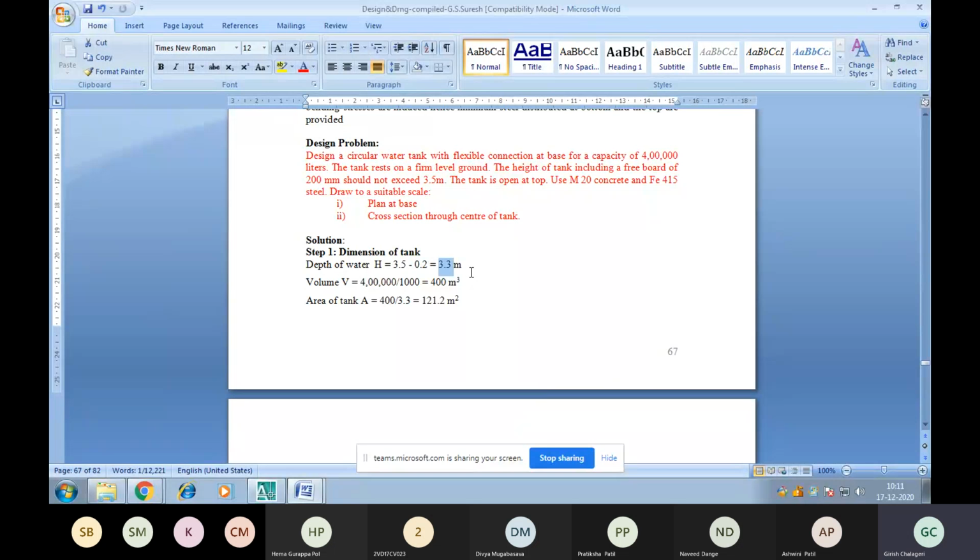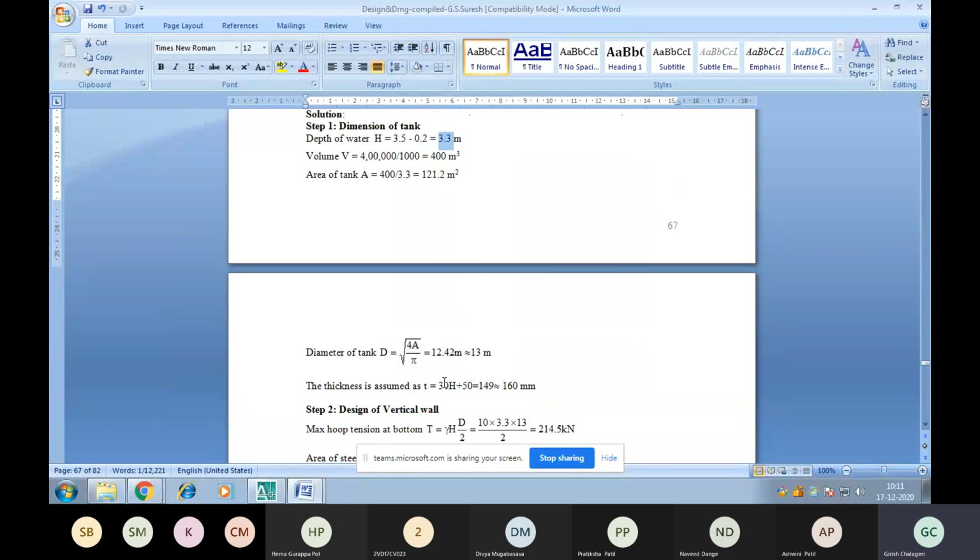So 121.2 meters square. Since it's a circular tank, the area of a circular tank is pi by 4 d square, equal to 121.2. Knowing the value of d here, d is equal to the square root of 4 by pi into the area required, that is 121.2.